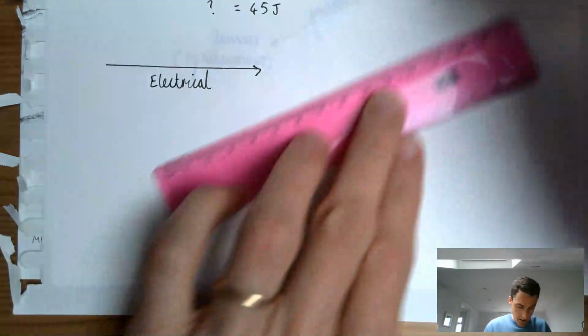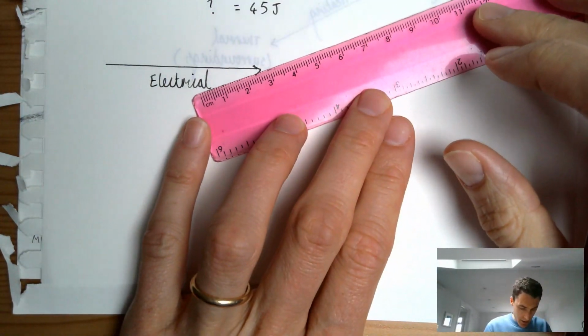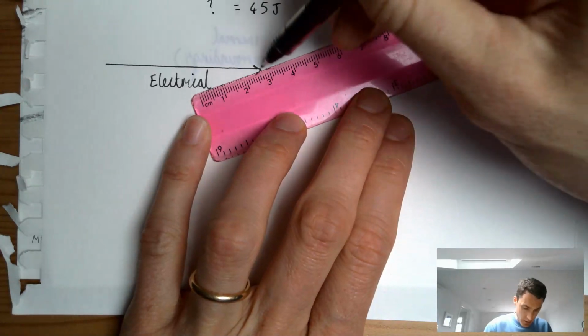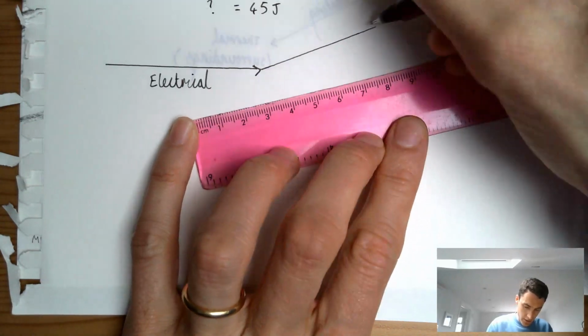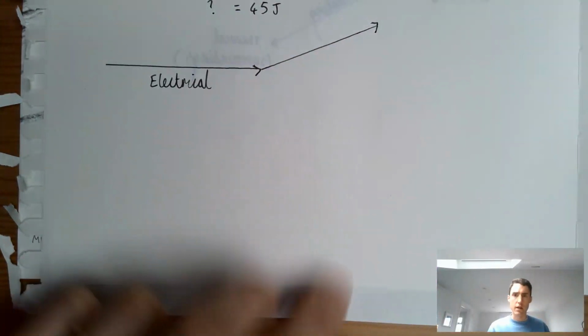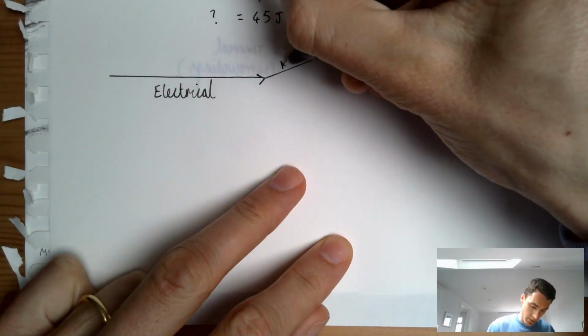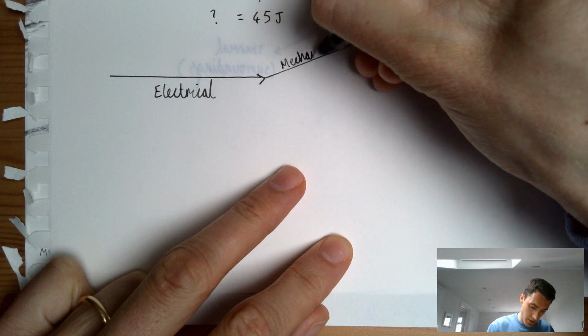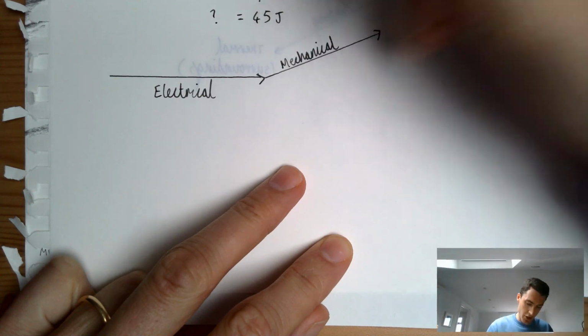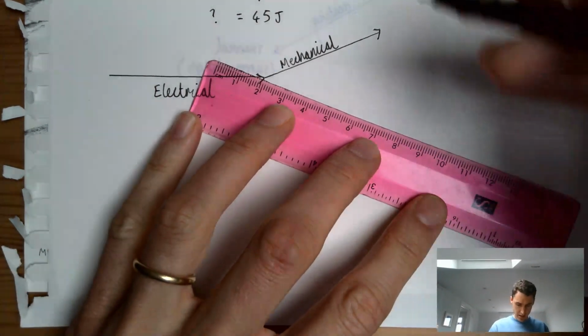So then I'd get them to think, well, okay, what is the useful energy transfer out of an electric fan? Well, in this case, it's moving the air. So if it's moving something, well, that's going to be a mechanical energy transfer.